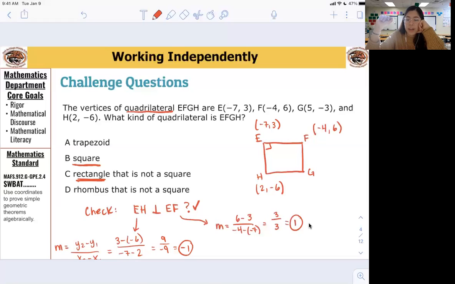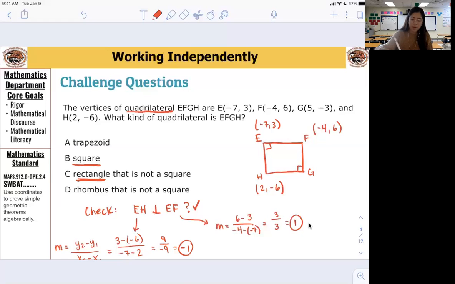What other of these angles should I check next? Should I check F, G, or H? What about G? Yeah, that's a good idea. Let's check out G now.